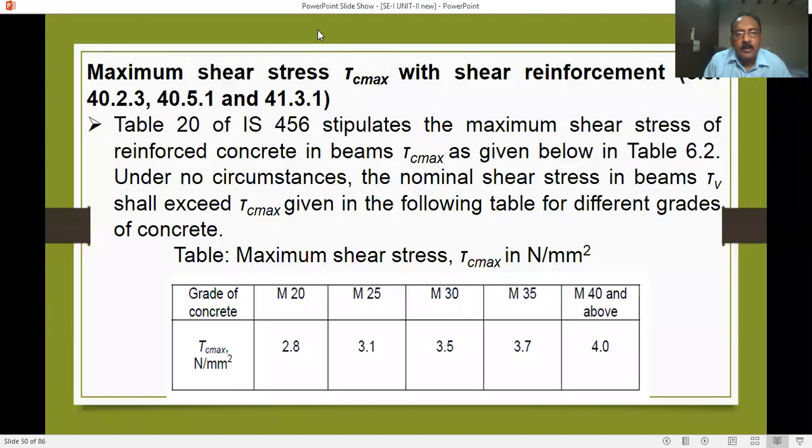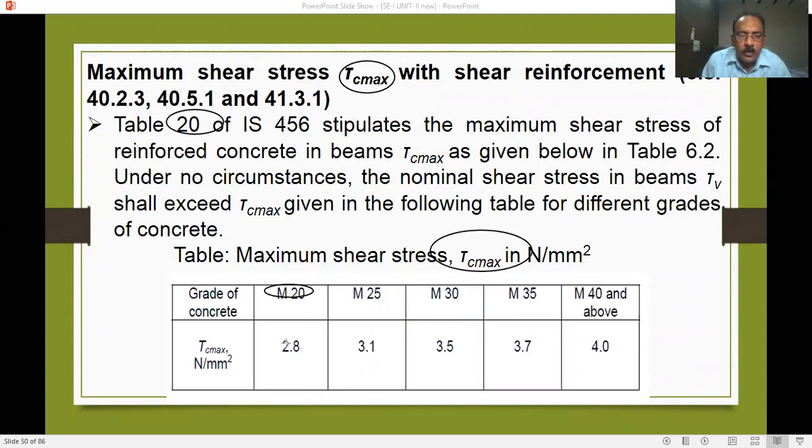Table 20 here, you remember table 20. And here tau c max, definitely you will see somewhere in your viva voce or any questions, GATE, NPTEL, all questions. What is the maximum shear stress for M20? 2.8. You must remember this 2.8 for M20.